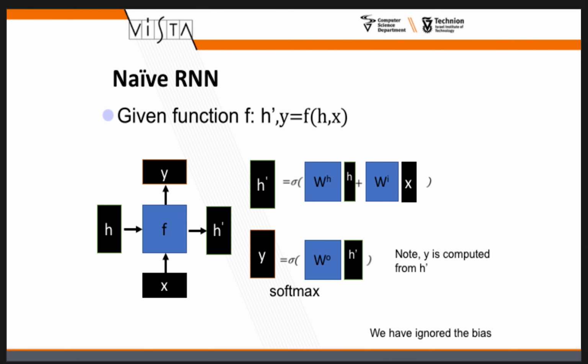Any questions about the naive RNN? You have seen it in the lectures, but again, if you have some questions, we can talk about it. What problems did Alex notice about the basic RNN? Exploding gradient.